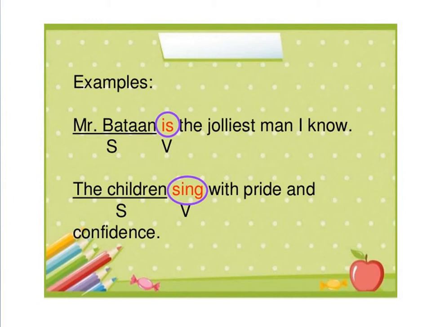So we write the plural verb with the plural subject. We are not supposed to write, the children sings with pride and confidence. Instead we have to write, the children sing with pride and confidence.